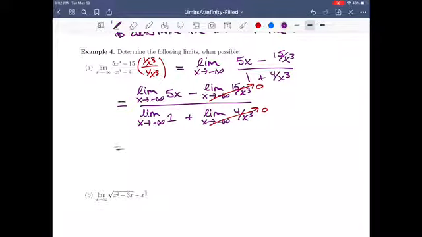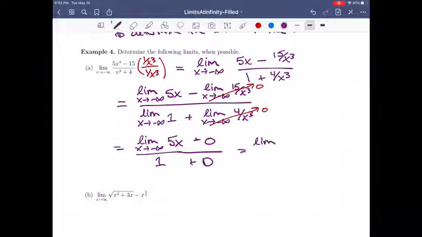The limit on the bottom is already 1, so it approaches 1. So I end up with the limit as x goes to negative infinity of 5x over 1. Maybe actually I'll include the zeros. So this is minus 0 and also plus 0. So basically it's just the limit as x goes to negative infinity of 5x.